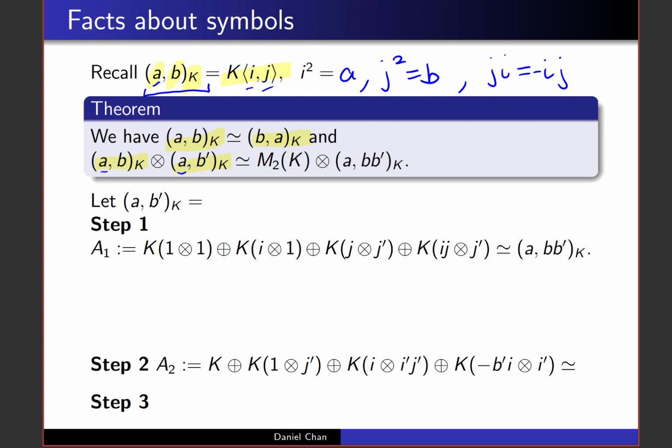Each algebra is four-dimensional, so you get something 16-dimensional. I claim it's the four-dimensional algebra of 2 by 2 matrices over K, times the quaternion algebra (A, BB')_K. That's a rather nice formula.